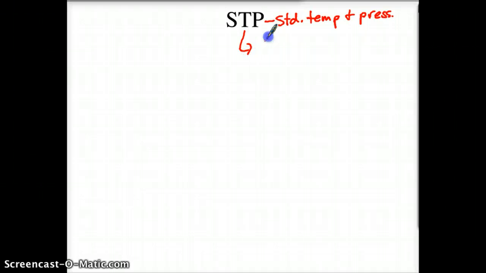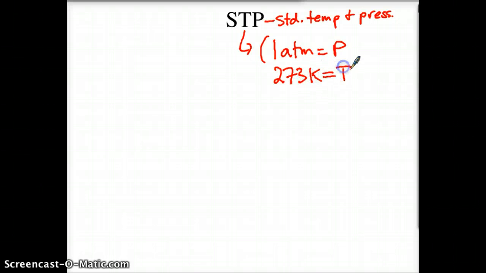Well, the pressure of a gas at STP is 1 atmosphere. And the temperature of a gas is 273 Kelvin. These are the conditions at STP. So if any problem ever says a gas is at STP, you need to know that that means the pressure is 1 atmosphere and the temperature is 273 Kelvin.